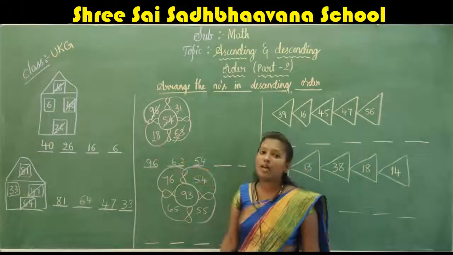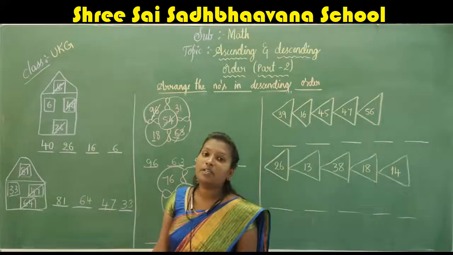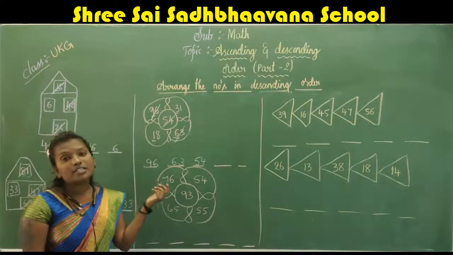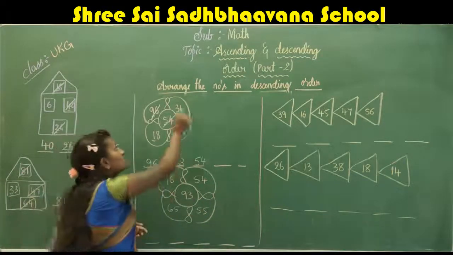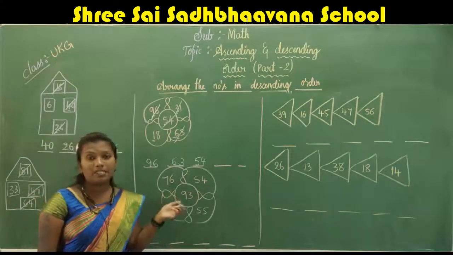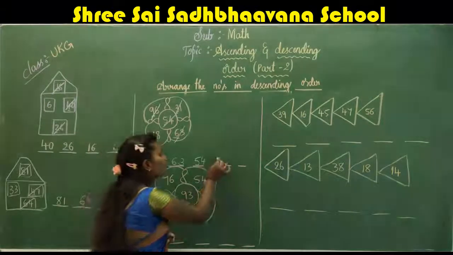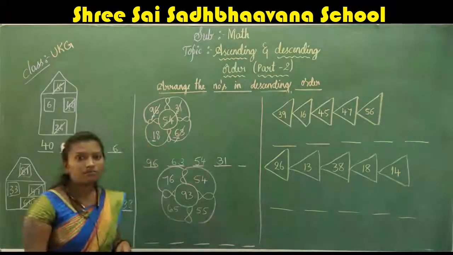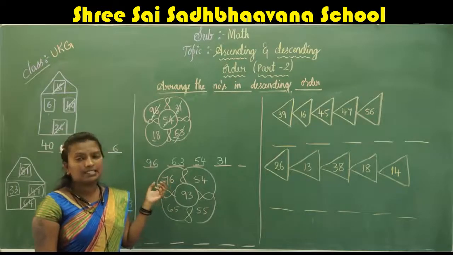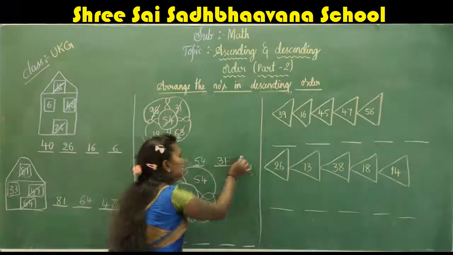Next, 3 and 1. 1 is smaller than 3, and 3 is bigger than 1. So 31 is the bigger number. We cancel 31. Then where do we write it? In the fifth place? No. In the fourth place we write number 31. And the last number is 18. That is the smallest number, so we write it at the last.